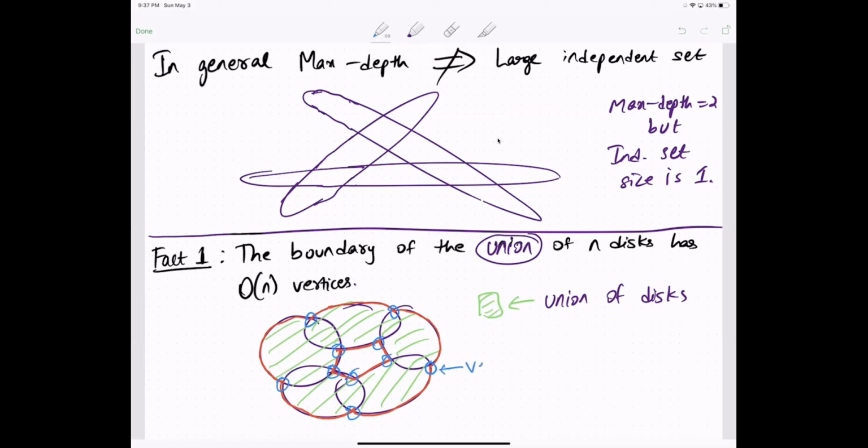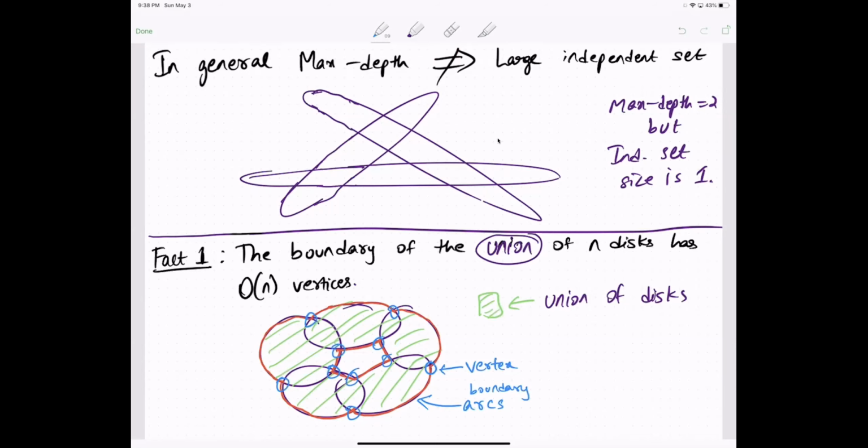These are vertices, and these will be called boundary arcs. So this fact is saying that there won't be too many vertices, too many boundary arcs, on the boundary of the union of the disks.